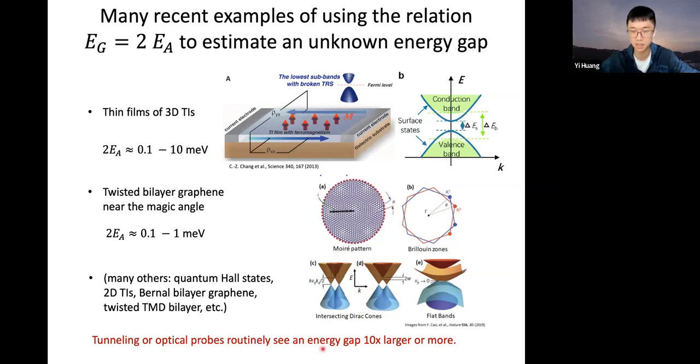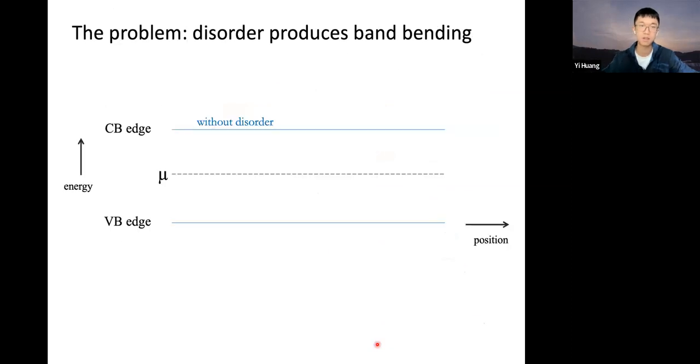In those experiments, they see an energy gap more than 10 times larger than what the transport activation energy shows. So what's the problem? Why is there such a discrepancy between different experimental methods?